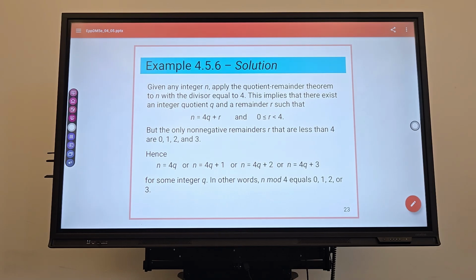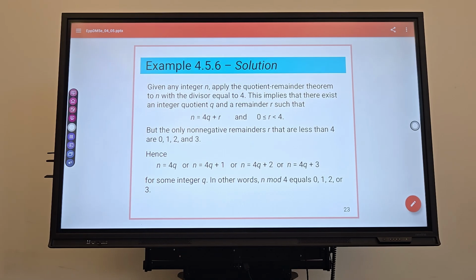This implies there exists an integer quotient q and a remainder r such that n equals 4q plus r, and r is greater than or equal to 0 but less than 4. But the only non-negative remainders less than 4 are 0, 1, 2, and 3.